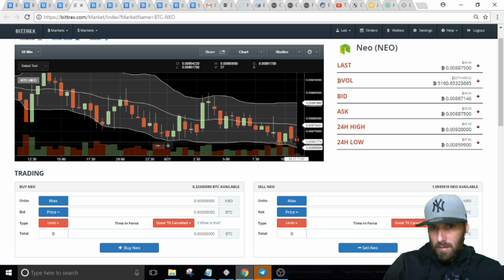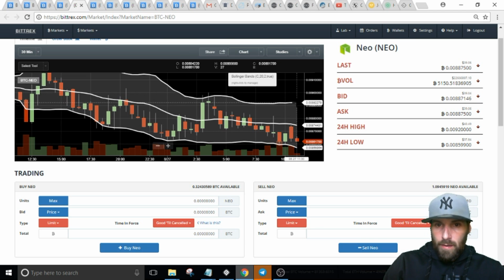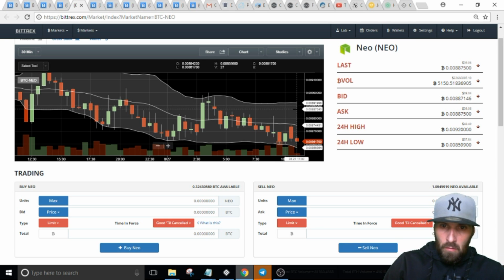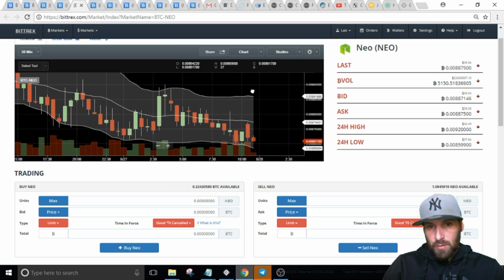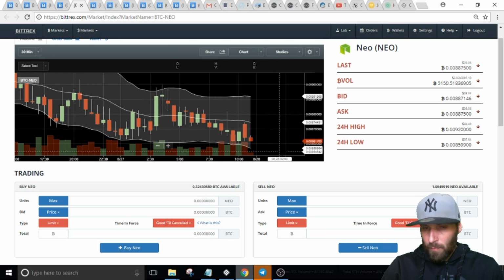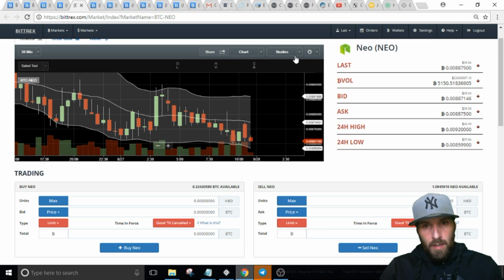Now I said the top one was 35% below. So you got 35% below. Let's just roughly estimate it's going to be about here. So it'll buy there, sell there, roughly. It doesn't actually read the Bollinger Band. It kind of calculates it itself, the bot. So it doesn't use the exact band that you can turn on your chart on the exchange.